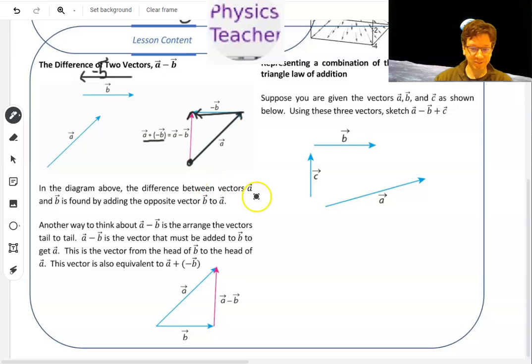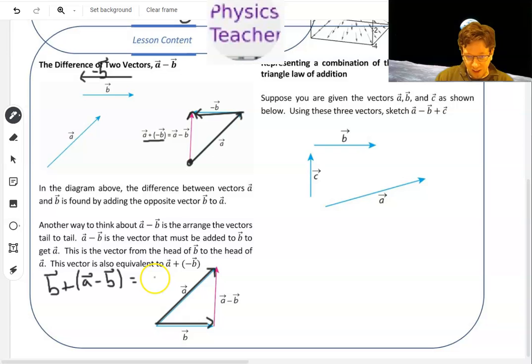Now you can see this in a different way if you like. If you connect them tail to tail like this, which is what I was trying to draw earlier, where this is A and this is B, then what you can do if you rearrange this problem, if you go B plus A minus B, that'll give you A. So what you're doing is you're trying to figure out, okay, what combination or what vector here do I need to add to B right here in order to get back A?